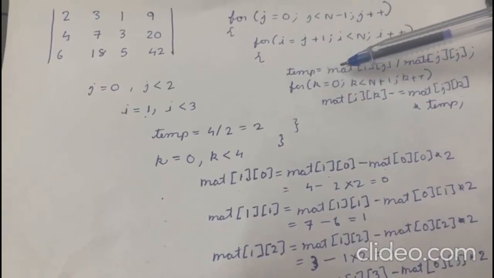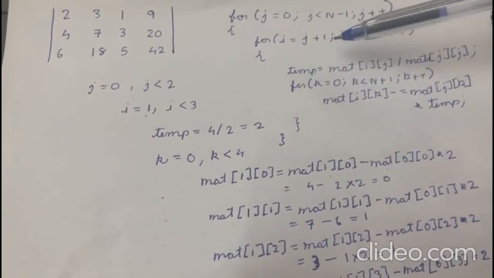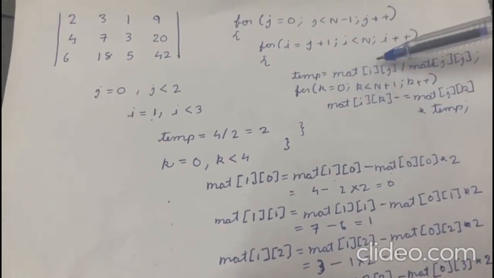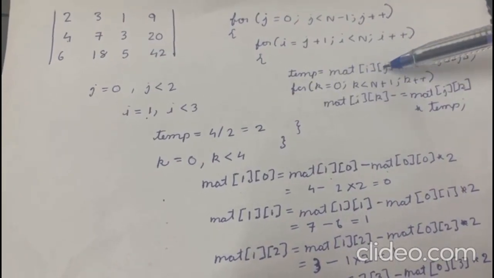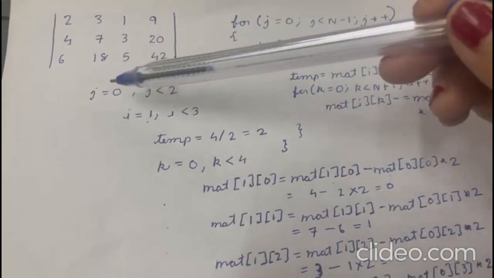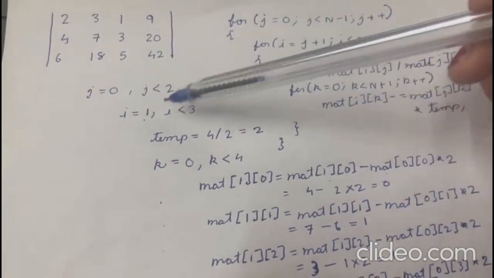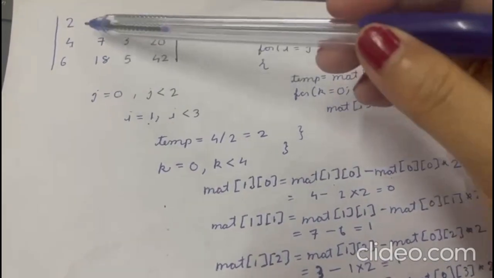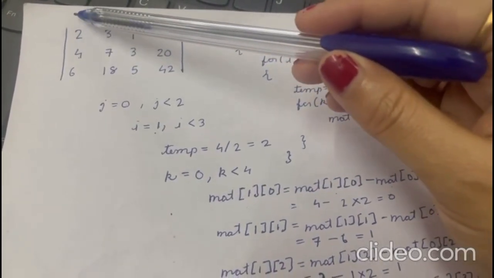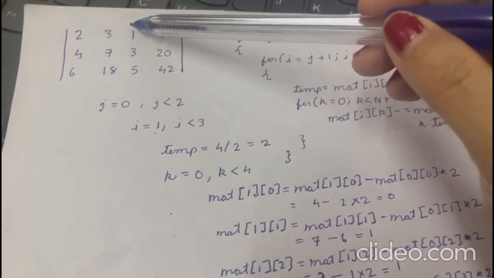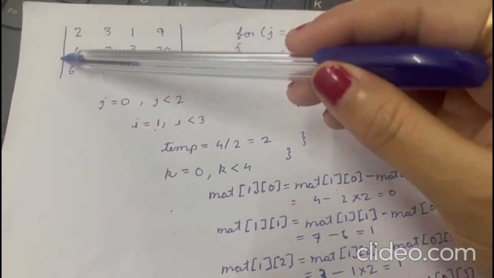So temp is equal to mat of i j. Mat of i j means what? i is 1 and j is 0, so mat of 1, 0. If we start the index, this is 0, 1, 2, 3, and here also 0, 1, 2.